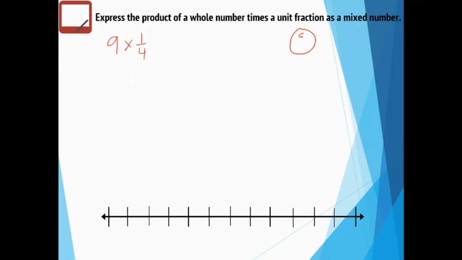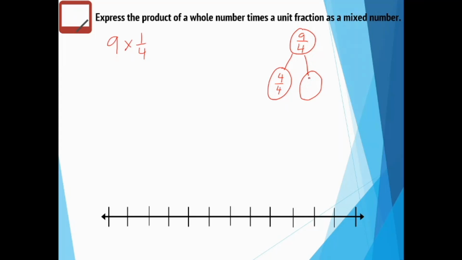If we were to look at this as a number bond, we have 9/4, right? And we're going to break this up into 4/4, so one whole. And then how many groups of this 4/4 can we get? Well, if I do 9 minus 4, I end up with 5.